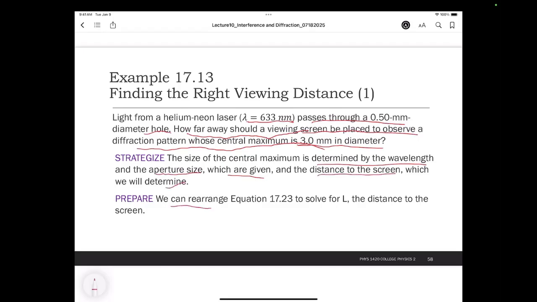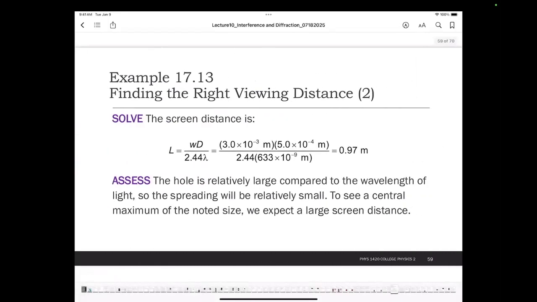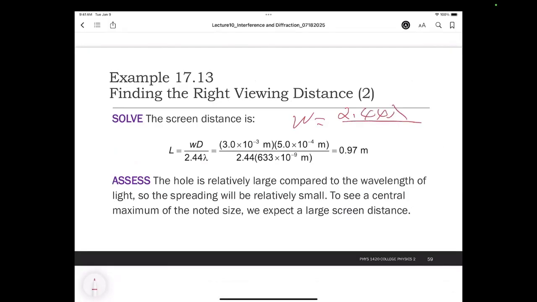Yeah, we can rearrange equation 17.23 to solve for L, the distance to the screen. Yeah, we can use this equation. Actually, W will equal what? W equals 2.44 lambda L over D. Then L equals W D divided by 2.44 lambda, am I right using this one?